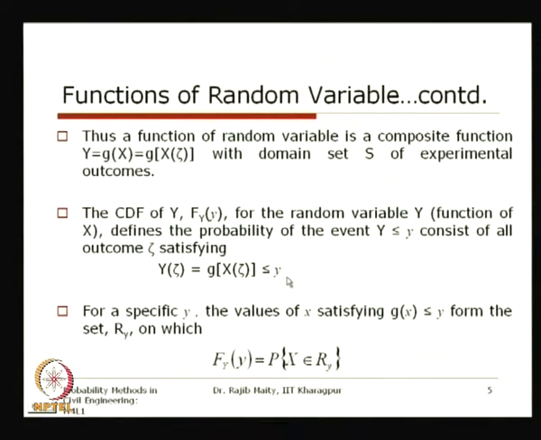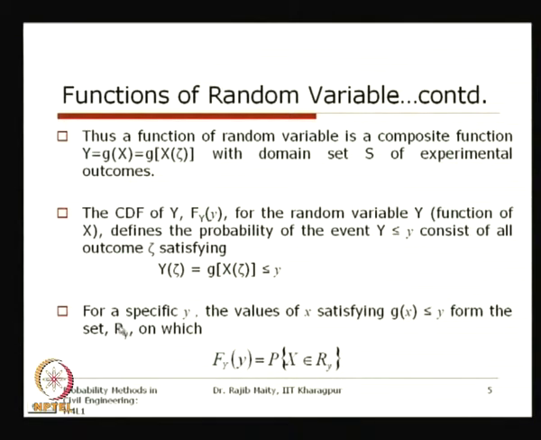This would have been more straightforward if we just directly said it is a one-to-one transformation, but when we are talking about the general case, then we have to find out that subset of x where this condition is satisfied. We will see that. Now, for a specific value of y, we take the values of x satisfying that g(x) is less than or equal to y, from the set Ry.